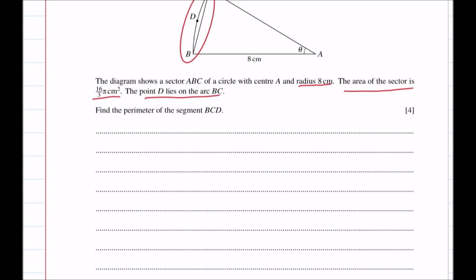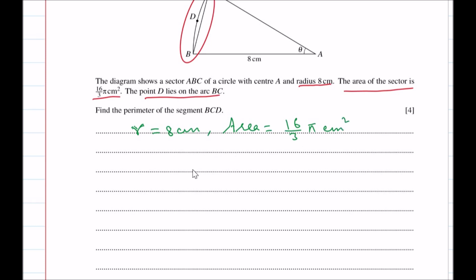So what is given? First let us write that we have r equal to 8 centimeter. Okay. Next, area given. So area is equal to 16 by 3 pi centimeter square.